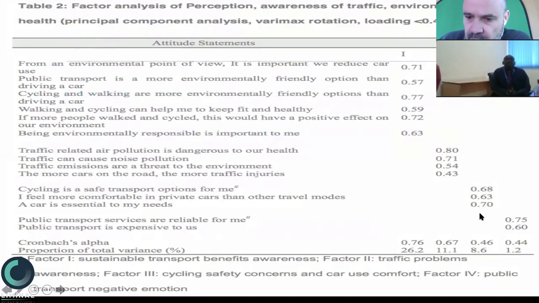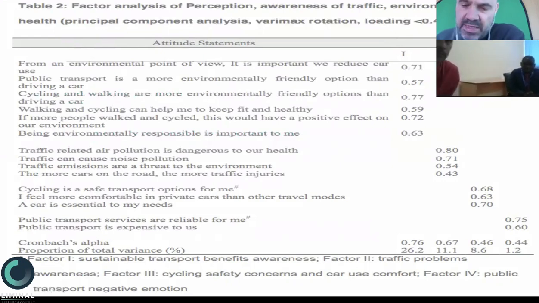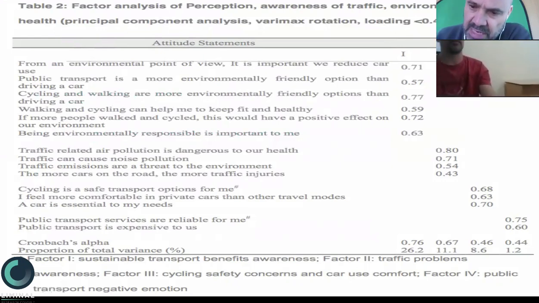Okay, now what I wanted to say is, just before the question, you said that the last two cannot be used because of the number of items. You need more than 3. Yes, you need 3 or more. Even in a structural equation model, the minimum is 3.